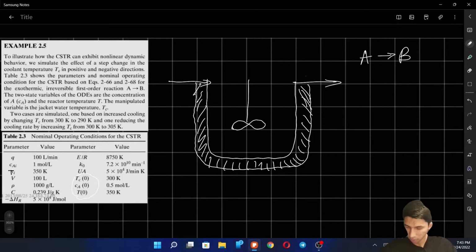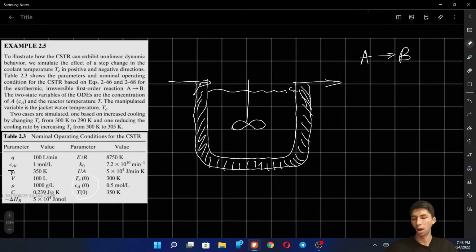Then we have our volume. As we're only provided with one volume, it's going to be a constant volume problem. The volume is not going to change, so the volume of things inside the reactor is going to be conserved.